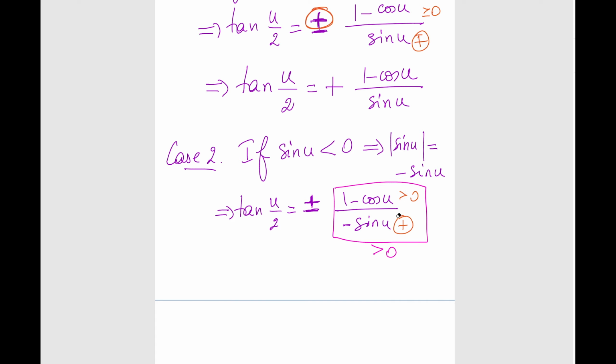One more time. I know that 1 minus cosine of u is at least 0, so it's 0 or more. But look, if it's 0 upstairs, if 1 minus cosine is 0, it means cosine of u is 1. And if cosine of u is 1, this forces sine of u to be 0, which means I'm dividing by 0, and this cannot be the case, correct?